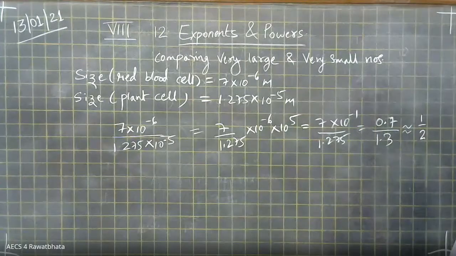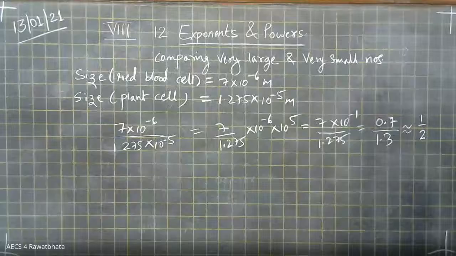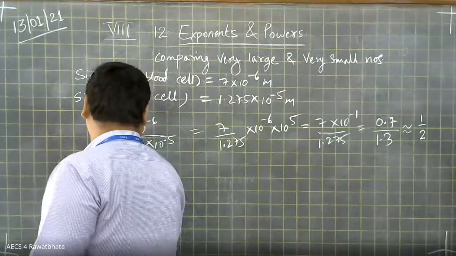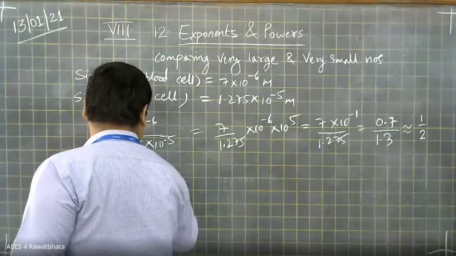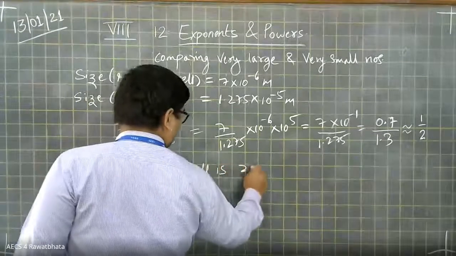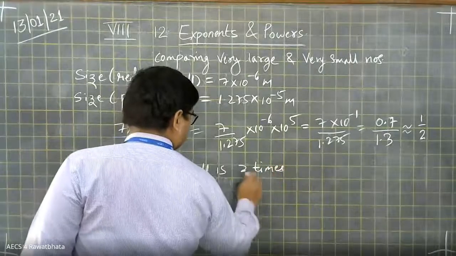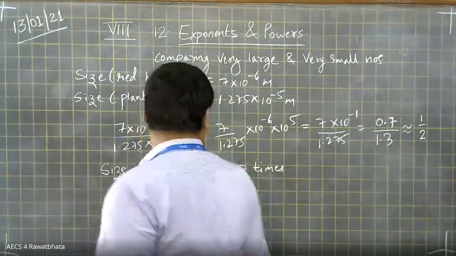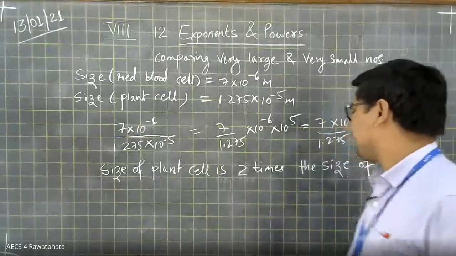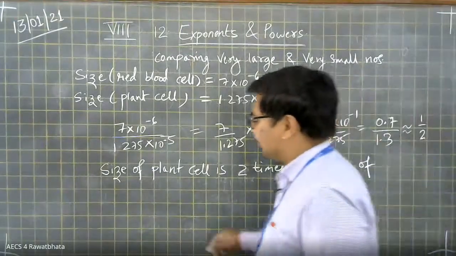Red blood cell is very small compared to plant cell. Size of plant cell is 2 times the size of red blood cell.